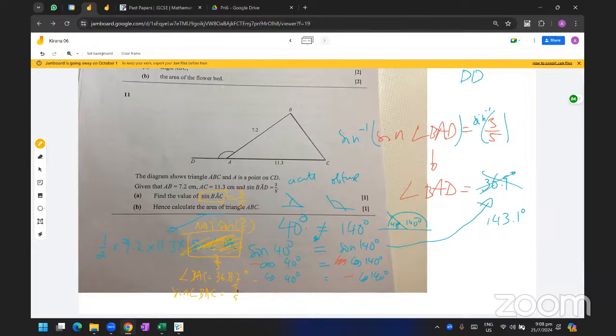Just change all this to 3/5 because sine BAC is 3/5. You still sound unsure, but look at the top one. Sine BAC is equal to 3/5.